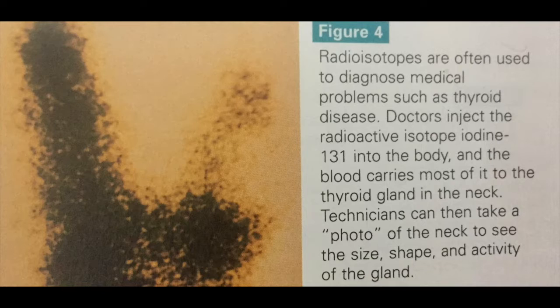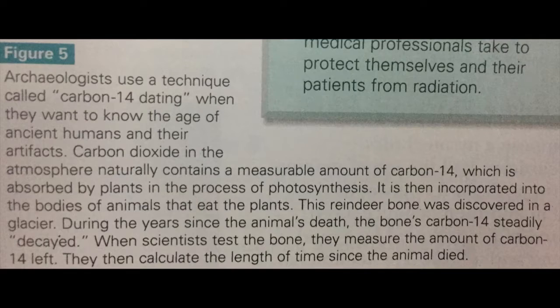Technicians can then take a photograph of the neck to see the size, shape, and activity of the gland. Figure 5. Archaeologists use a technique called carbon-14 dating when they want to know the age of ancient humans and their artifacts.